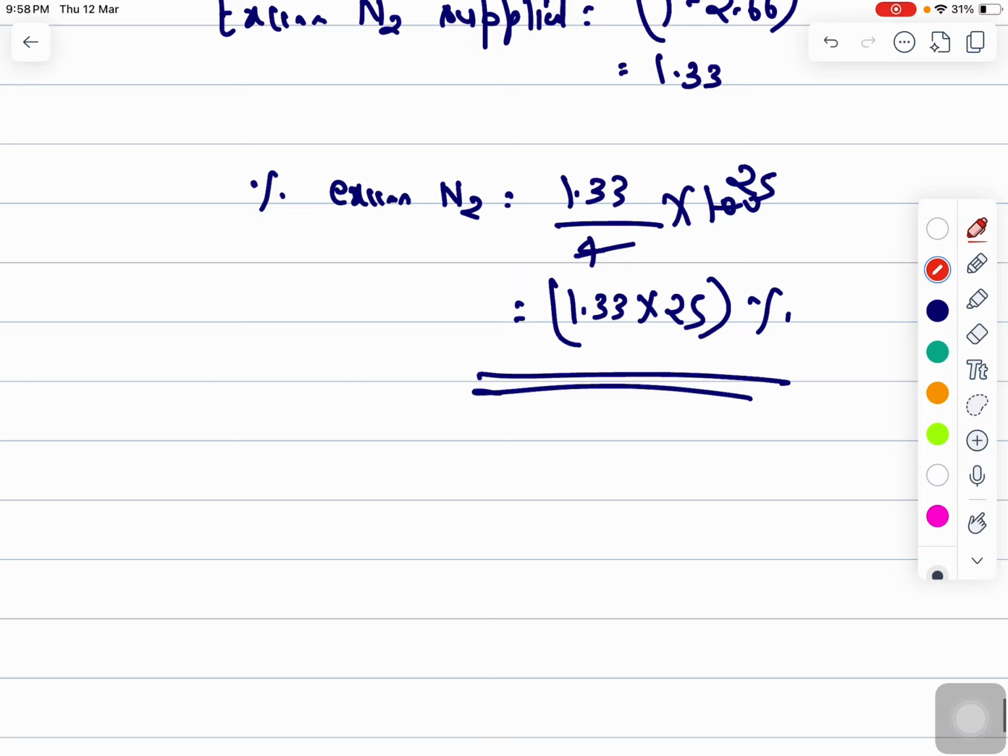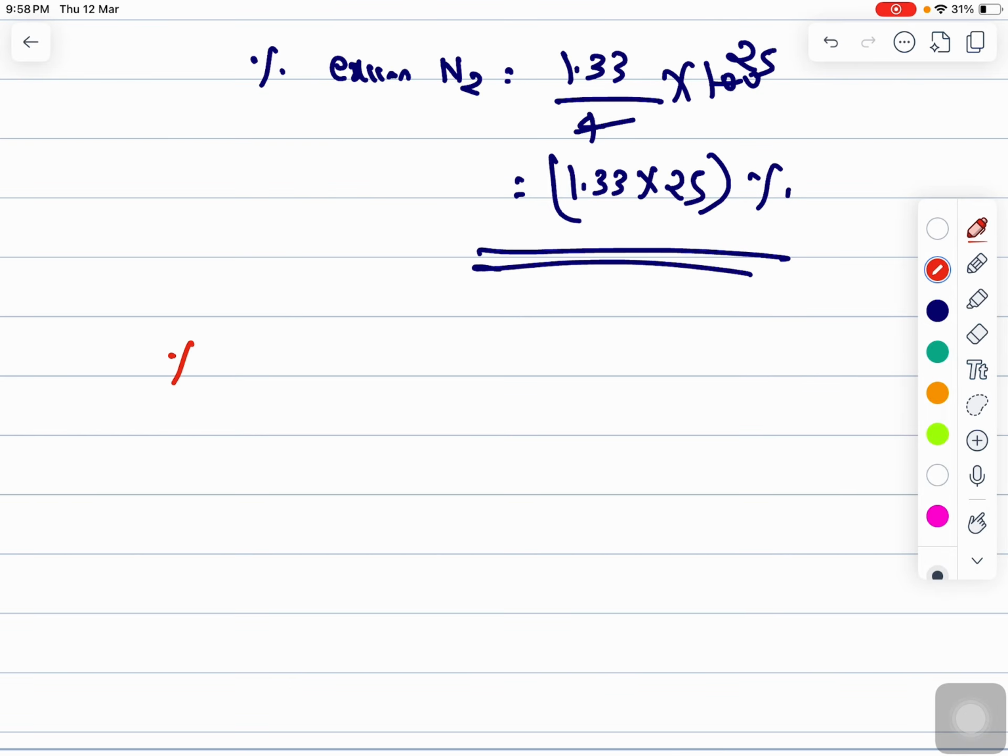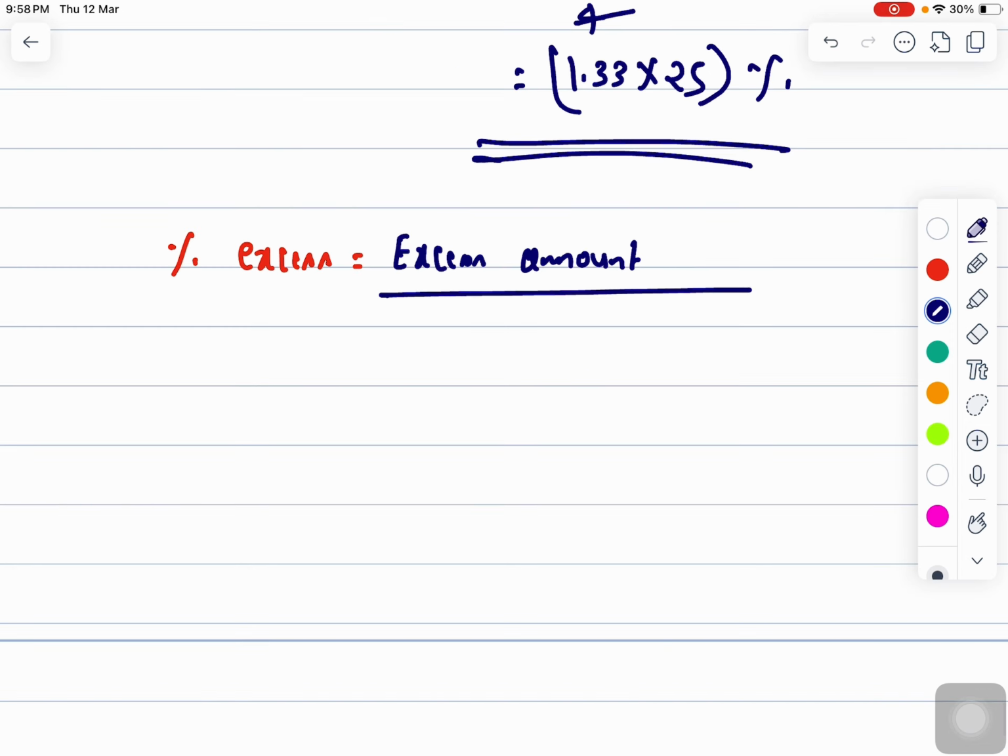So basically, the percentage excess formula is the excess amount that we have calculated, divided by the theoretically required amount, and then you multiply it by 100.